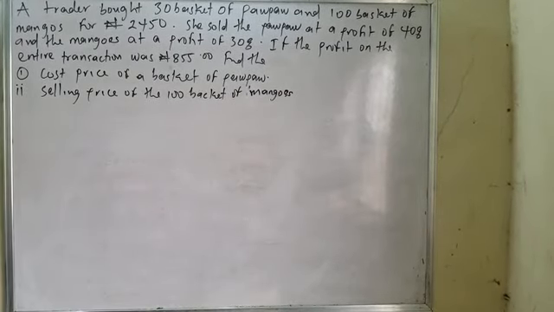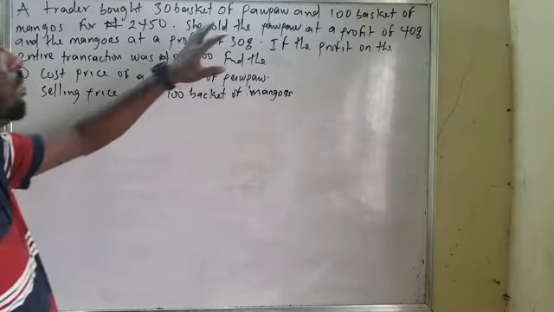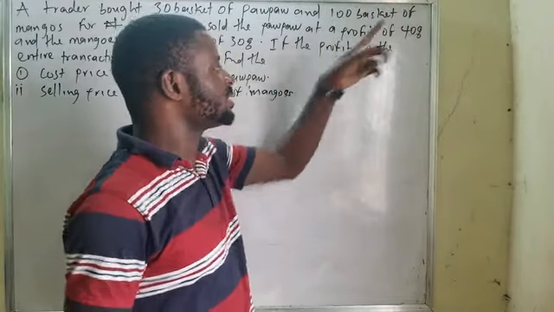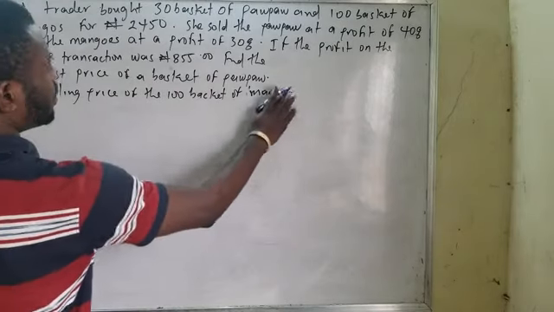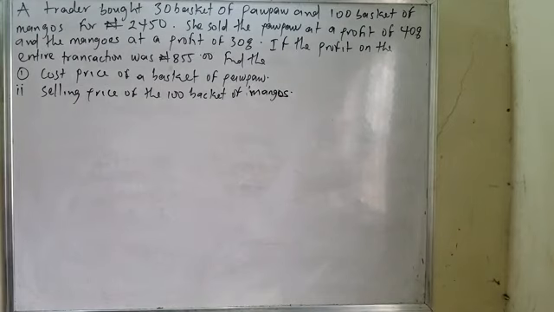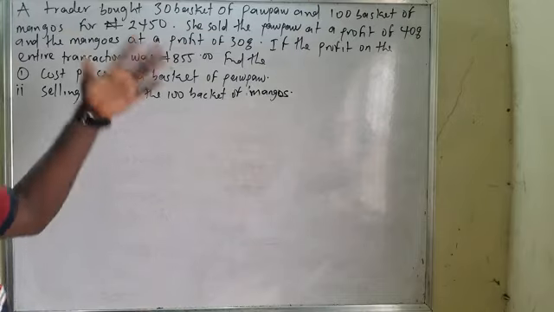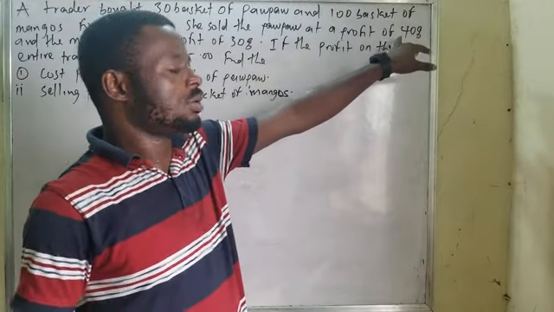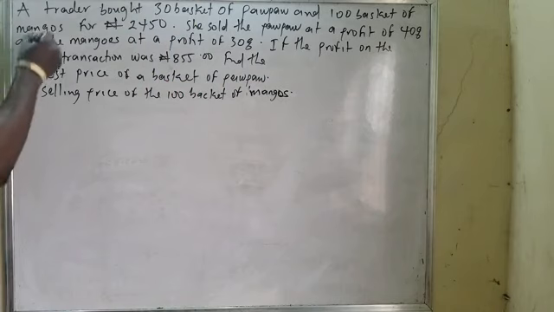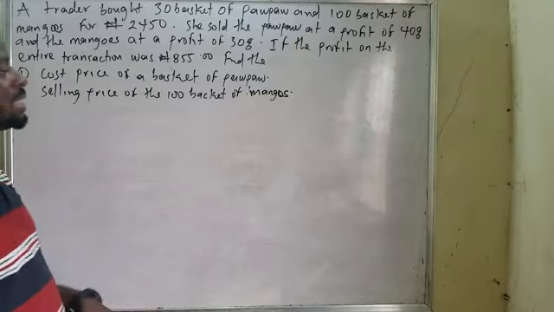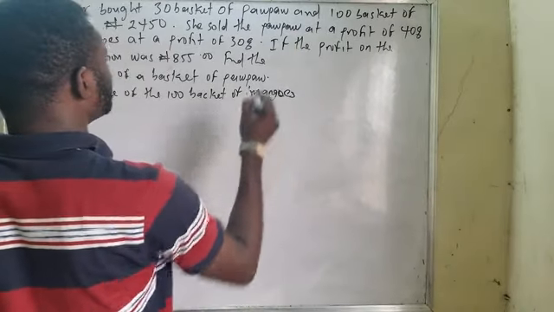It's another simple one. A trader bought 30 baskets of pawpaw and 100 baskets of mangoes for 2,450 naira. She sold the pawpaw at a profit of 40%, and the mangoes at a profit of 30%.